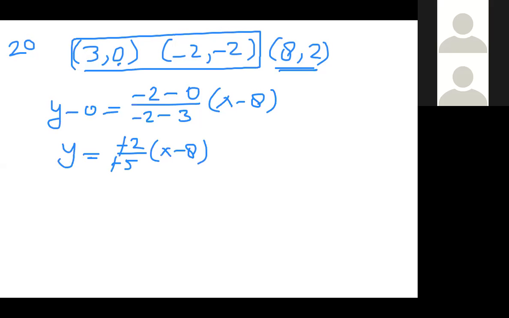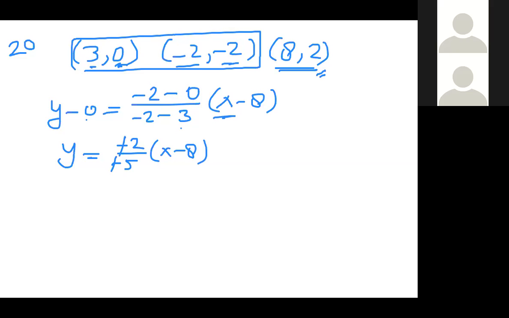Now, if the particular condition is satisfied, then only this holds. First of all, what we were supposed to do: y minus y1 equals (y2 minus y1) upon (x2 minus x1), times (x minus x1).